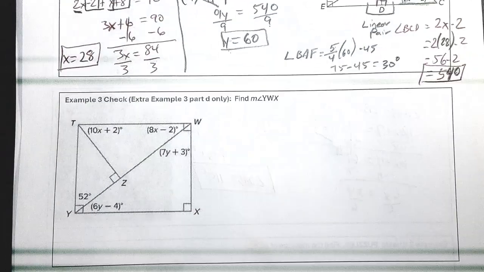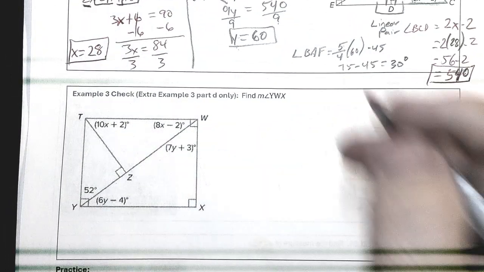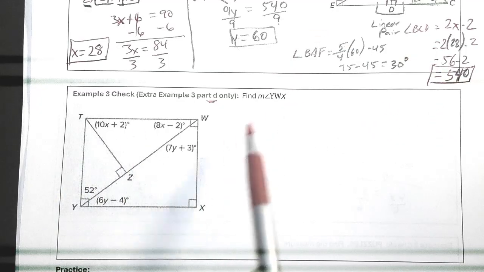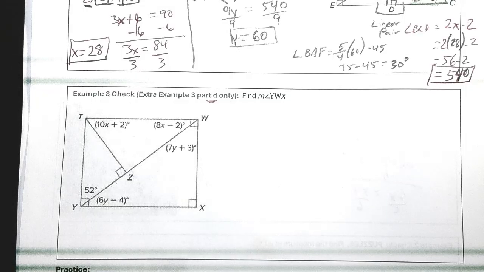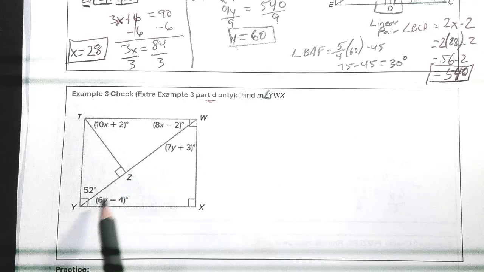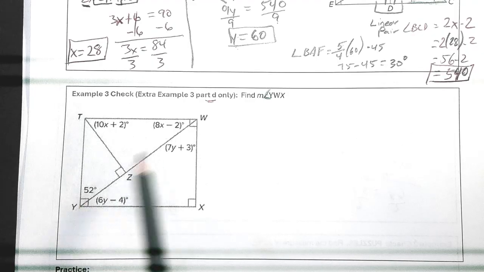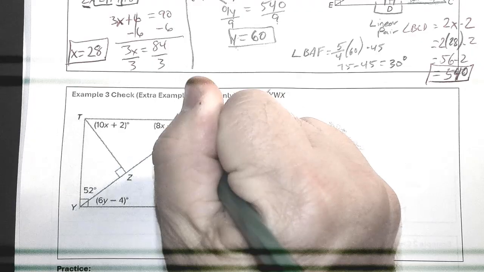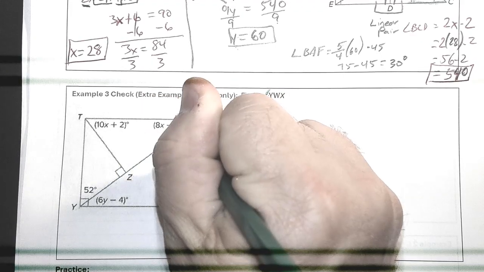All right, so example 3. Now this says part D only, and it's because this is a bigger problem. So they only want this. So I'm going to help you out by showing you. Hopefully most of you are ahead of me. So YWX is this, which is this.